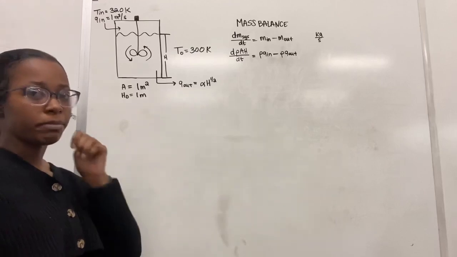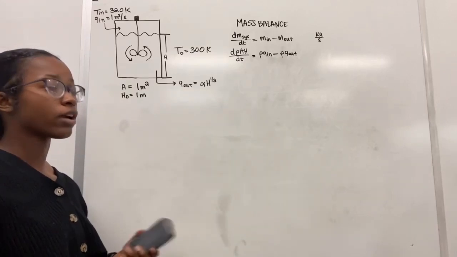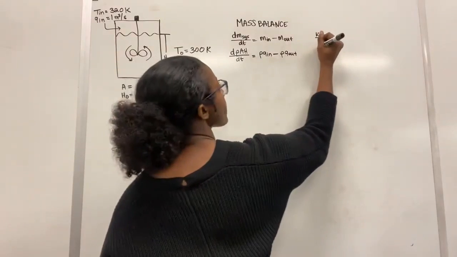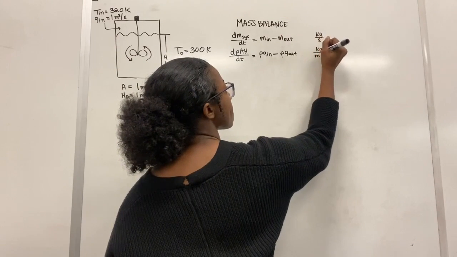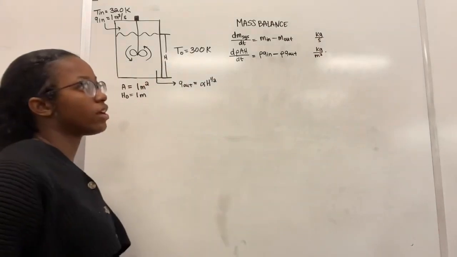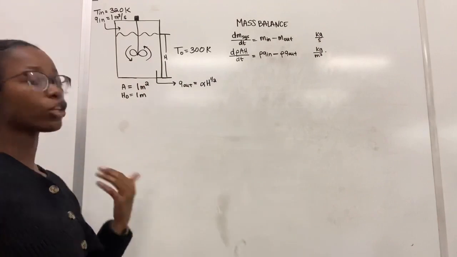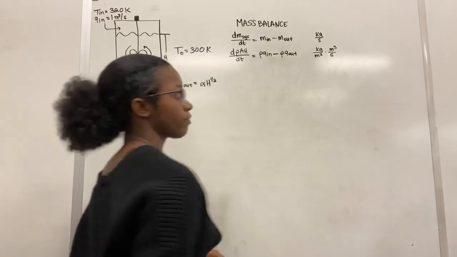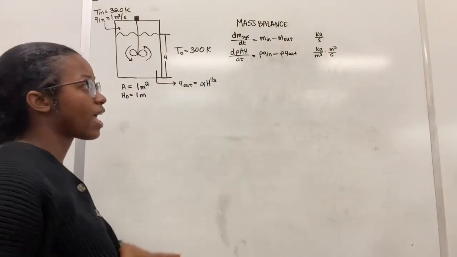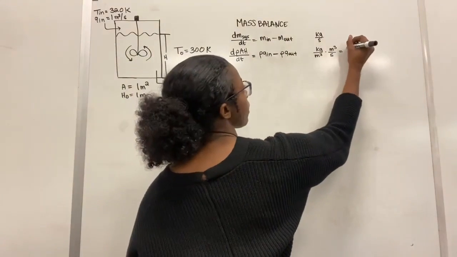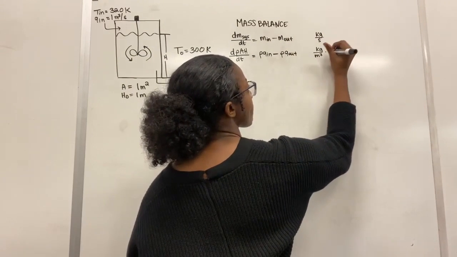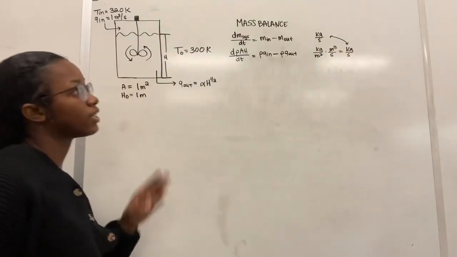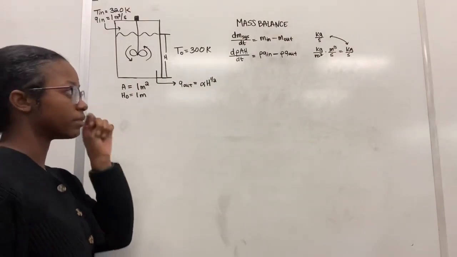And we know that this matches up because the units for density are kilograms per cubic meter, and the units for our flow rates are cubic meters per second. Obviously, our cubic meters cancel out, and we're left with kilograms per second, as we have in our first equation.